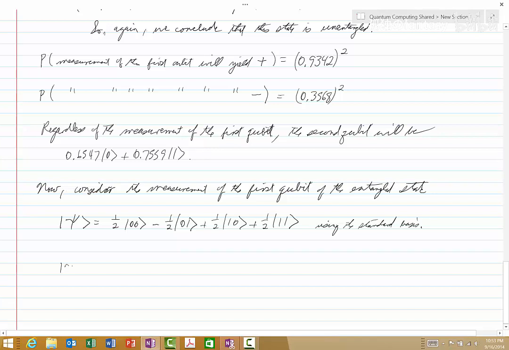So again, just as in our previous cases, since we're going to measure the first qubit, we will separate it out. So we get |0> times (1/2 |0> minus 1/2 |1>) plus |1> times (1/2 |0> plus 1/2 |1>).